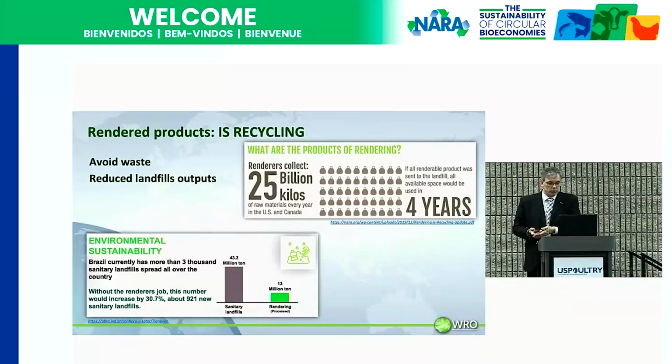It's not minor. If we put it per capita, in Australia, they render about 100 kilos of raw material per capita. In the US, it is about 76 kilos of byproduct rendered per capita, and in Brazil it is about 61 kilos per person that lives in our country. Renderers are doing that for you, and we do not even have an idea about it.